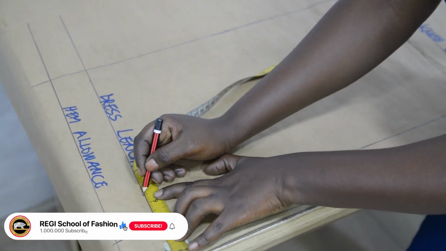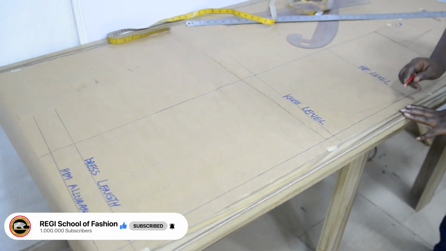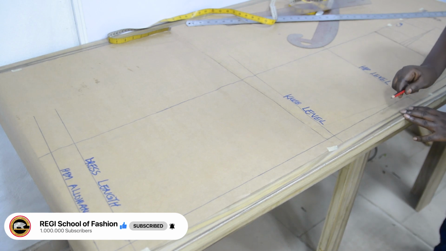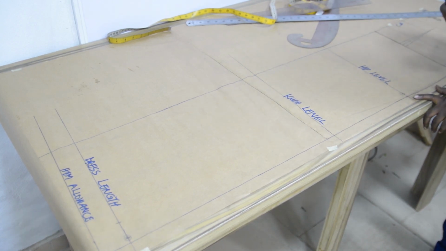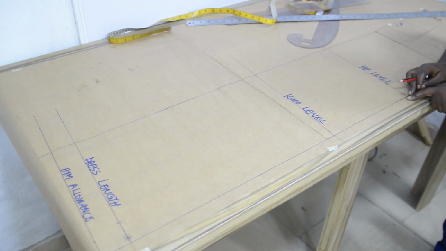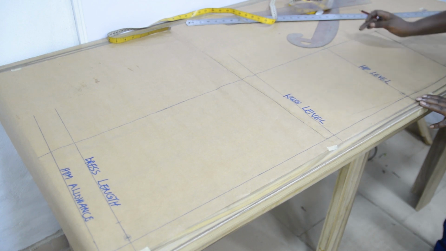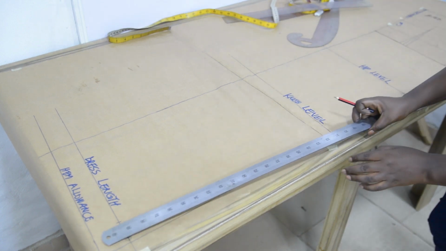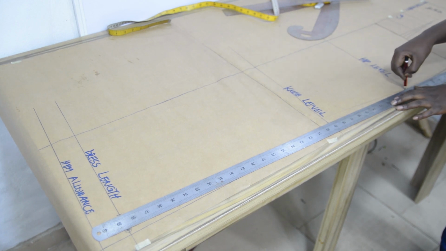So this is 1 inch, so this is 1.5 inches point. Then I will connect from the 1.5 inches point upward to the hip level point. I can connect to the hip level point purposely because the line is not going to be on a straight line. So this is the real hip measurement I'm working with.